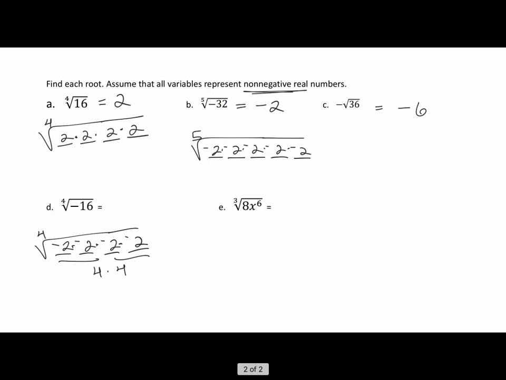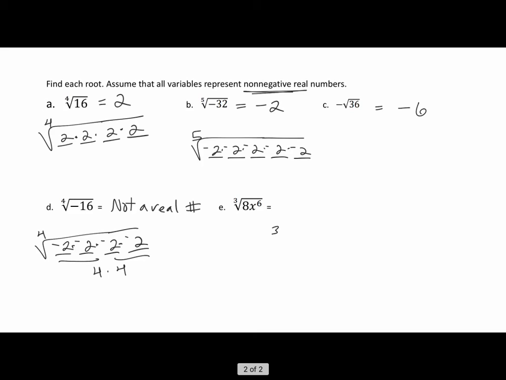That's not going to work, right? So what do we say? Not a real number. You can't have any even roots of a negative number because there's no real number that will multiply an even number of times to be negative. Not possible. Not in the real number system anyway.